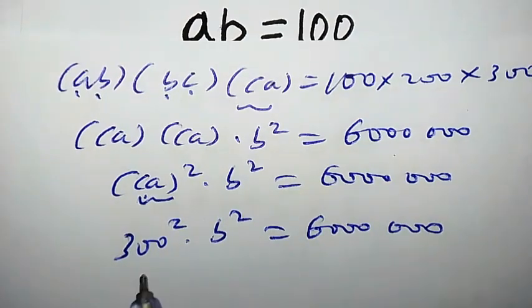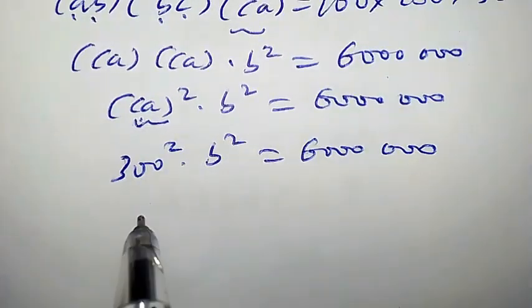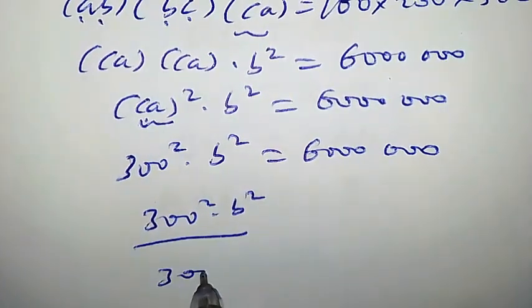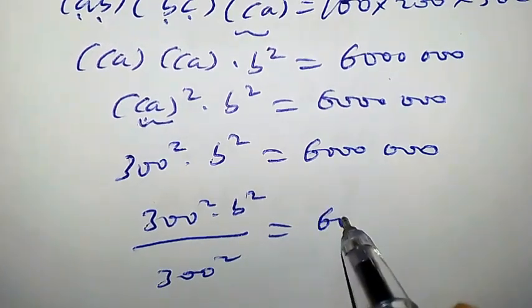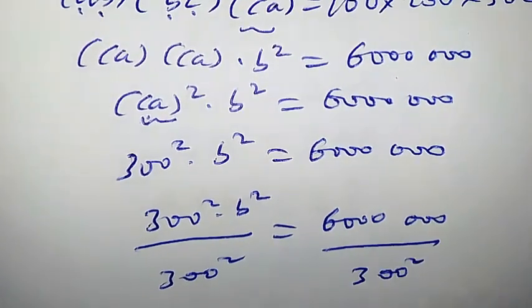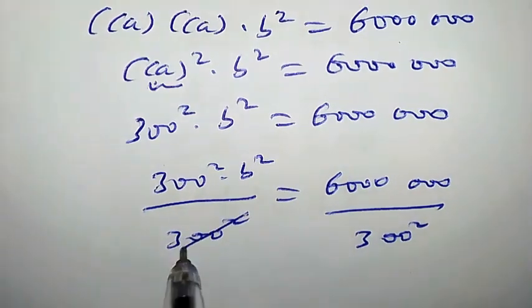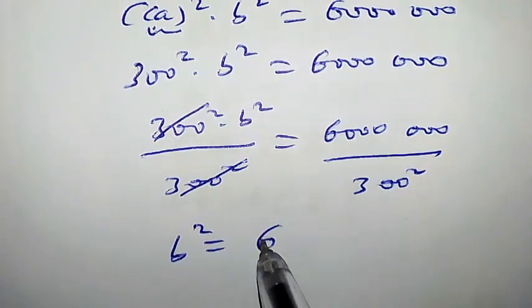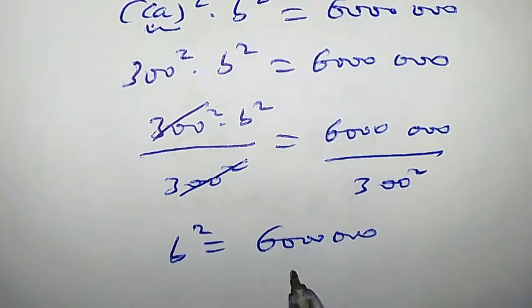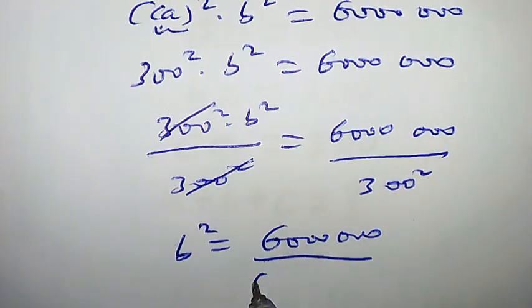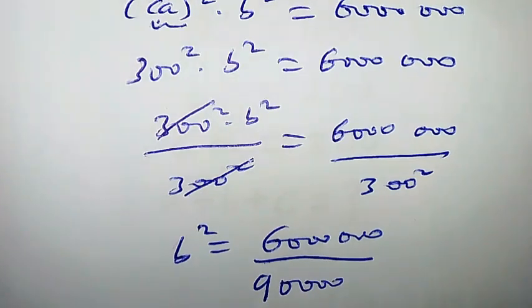We can now divide both sides by 300 square. So we're going to have 300 square times B square over 300 square equal to 6 million over 300 square. These cancel each other, so we are left with B square equals 6 million over 300 square, which is 300 times 300, that is 90,000.